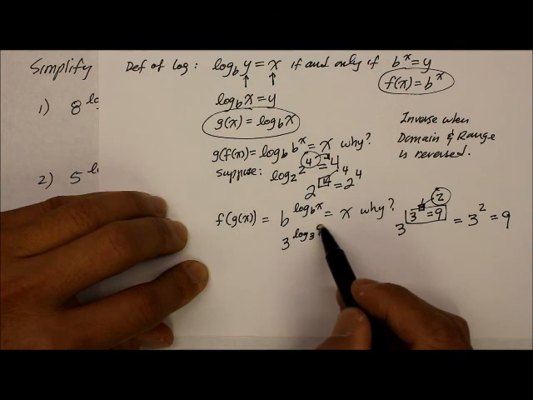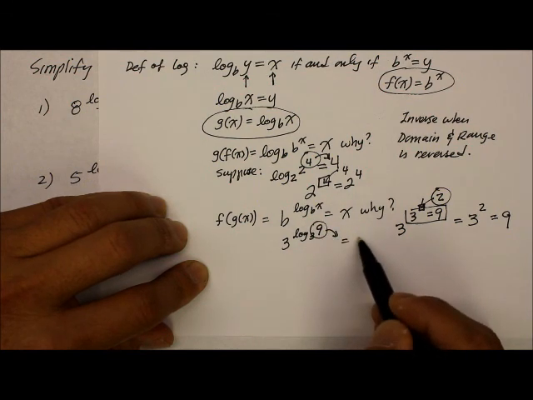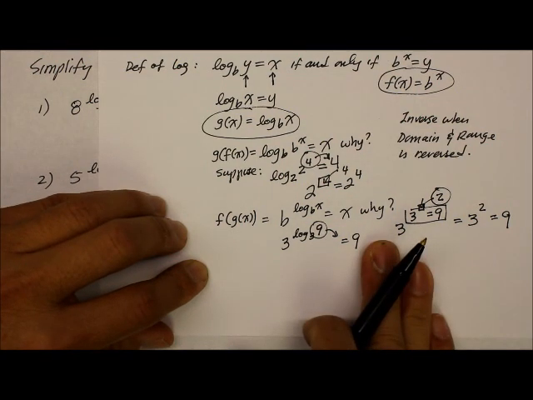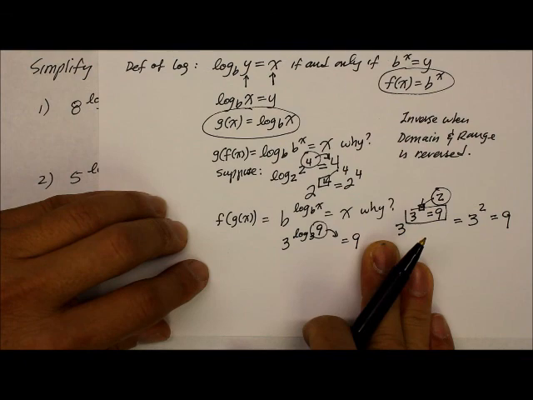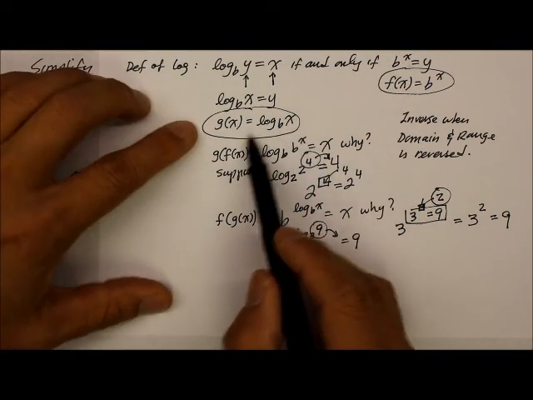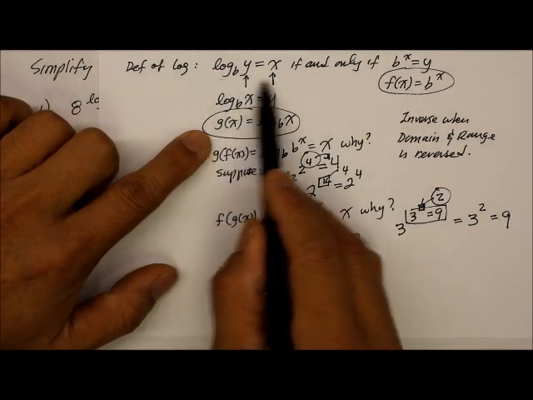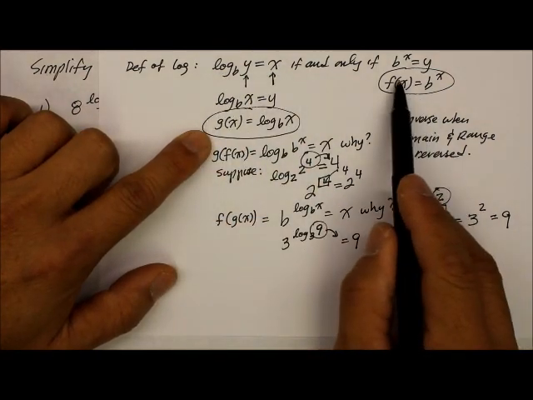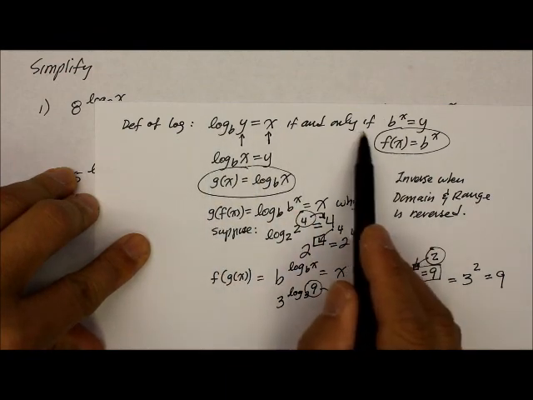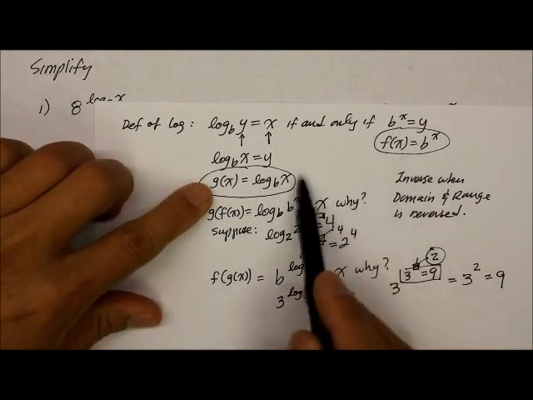Henceforth, that 9 comes down as part of the answer. Either you're totally lost or you somewhat see why the logarithmic form and the exponential form are inverse to each other.